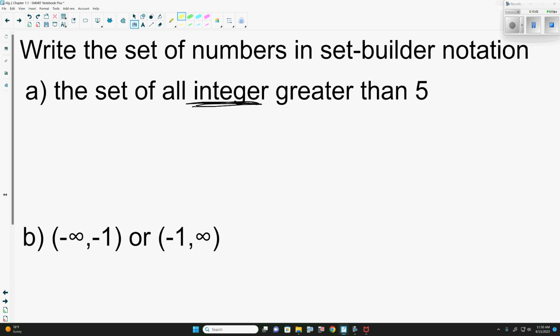The symbol that went along with this yesterday was our Z. It's a shorthand way to write integers, so we don't have to write out integers every single time. And what kind of integers are we working with? Greater than 5. So they told us the type, integers, and they described it: greater than 5.